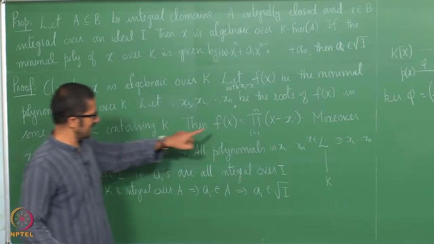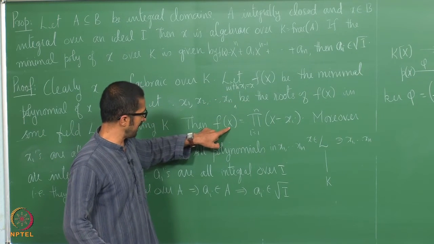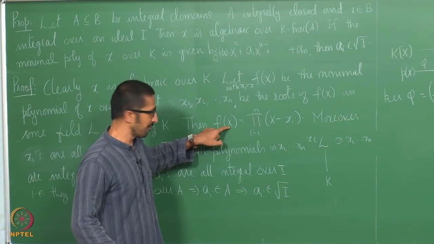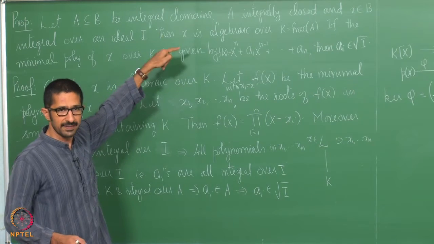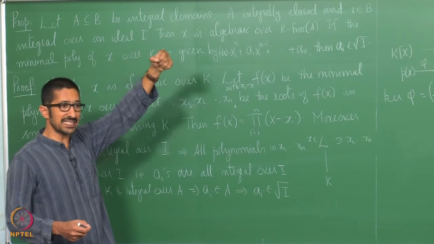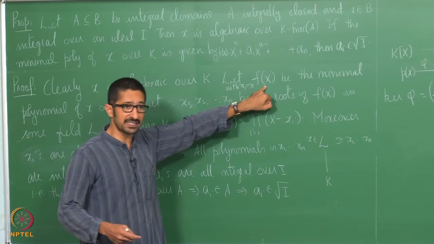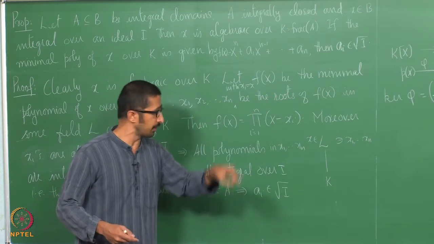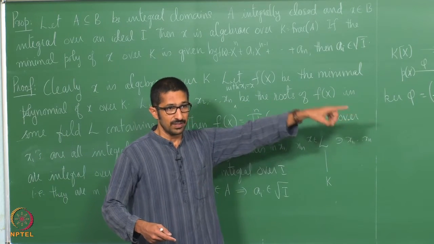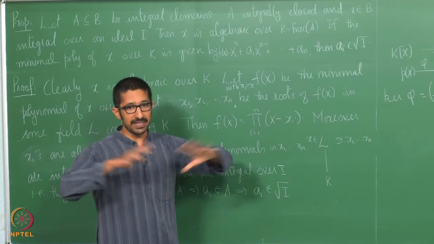Now, another thing that one can notice is that, suppose x is integral over I, right. That will satisfy an integral equation that may be different from this f x, because f x is the minimal polynomial over K, but the other one is integral over I, that may be bigger.